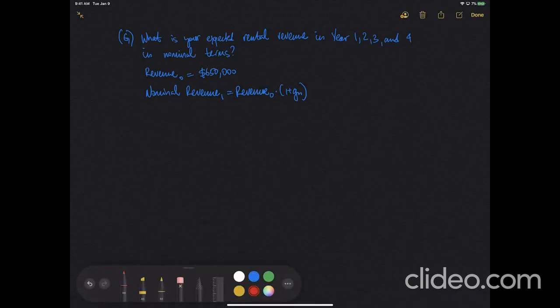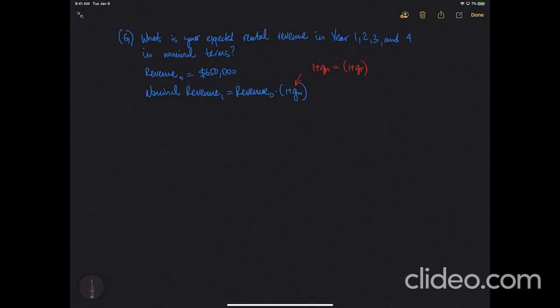Now, recall that the nominal growth rate can be found from the following equation. So 1 plus nominal growth rate equals 1 plus real growth rate multiplied by 1 plus the rate of inflation. Recall that the real growth rate equals 3%, and inflation in this question equals 2.5%.